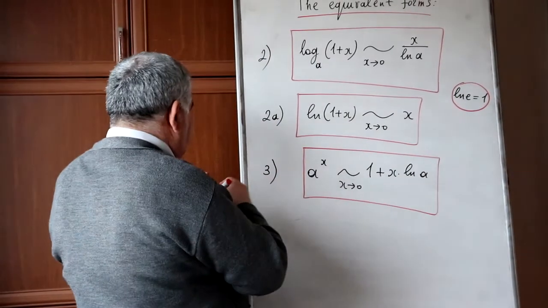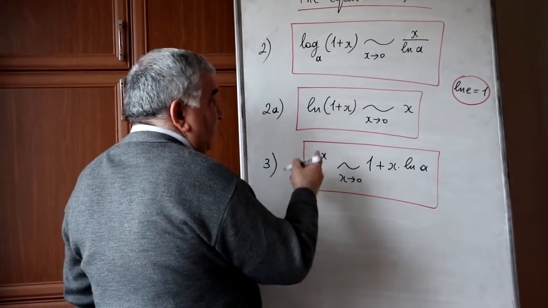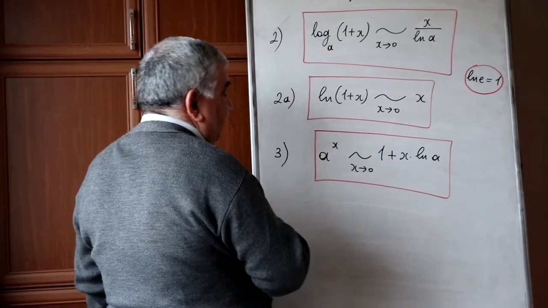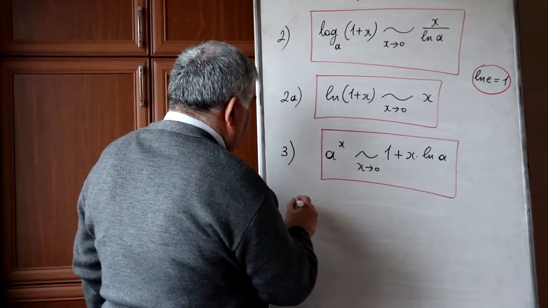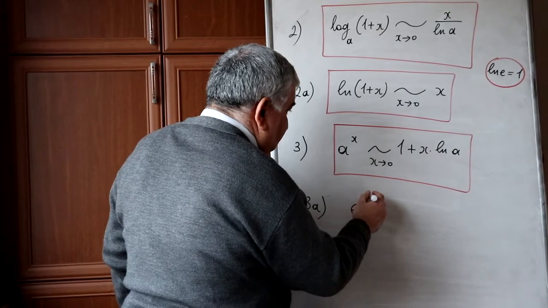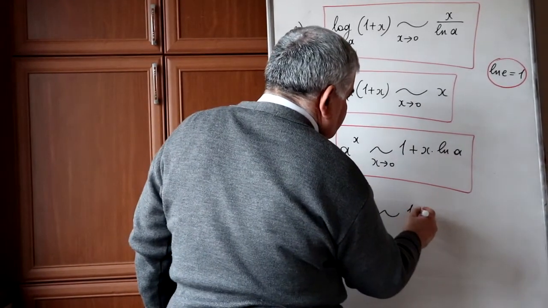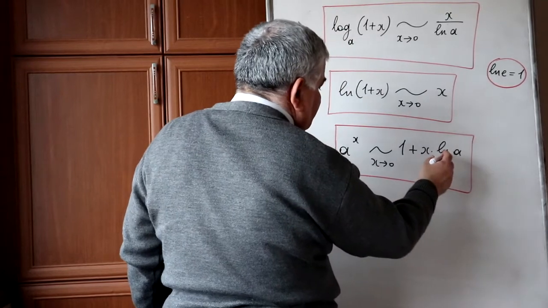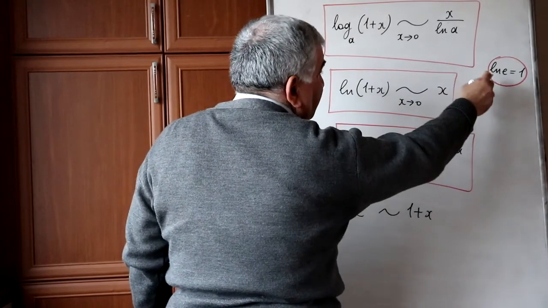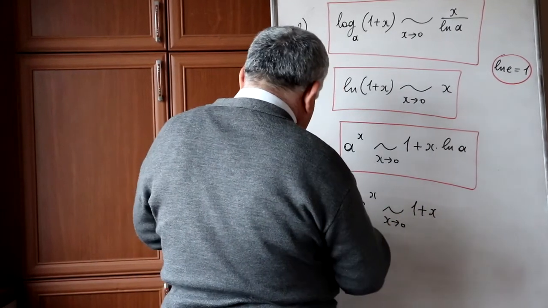Next equivalent form for the natural exponential function 3a. e to x is equivalent to 1 plus x, simply plus x, because natural logarithm of e is unit, when x tends to 0.